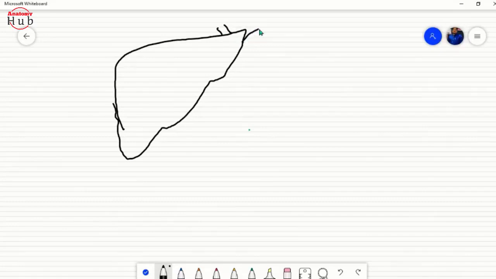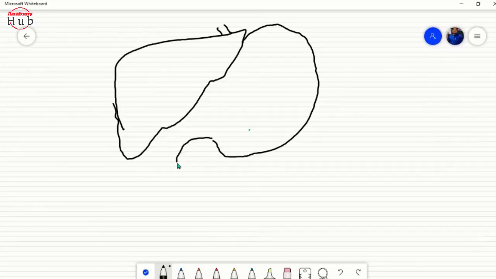Here you will find the fundus part of the stomach, and this is the greater curvature of the stomach, okay? And here you will find the pyloric part of the stomach, then the first part of the duodenum, then the second part of the duodenum, and the third part of the duodenum and jejunum, and so on, right?